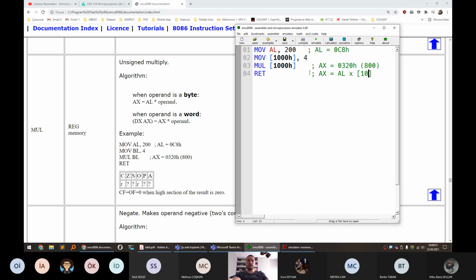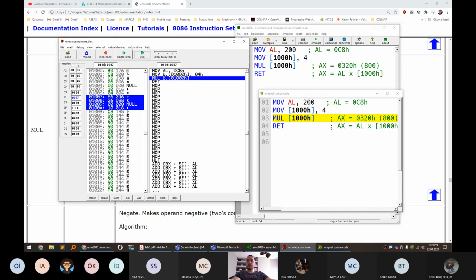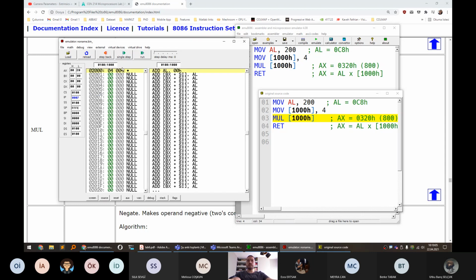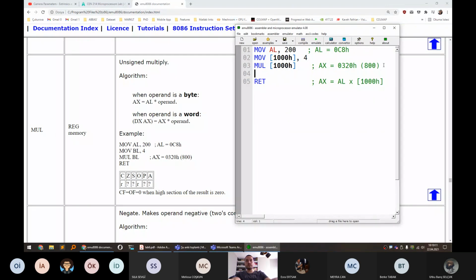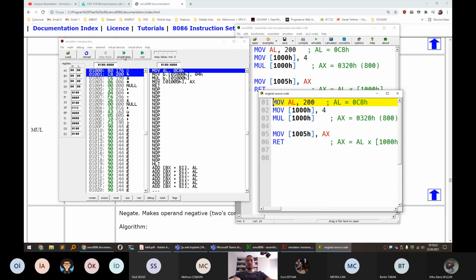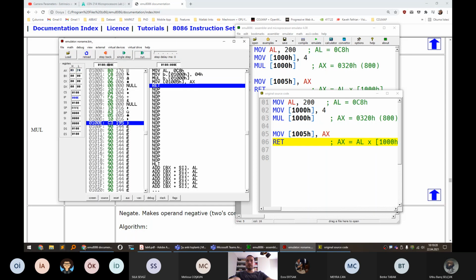This will be the 1000H address. Let me go over and look at the 1000H address. 4 is here. The result is in AX. Let's put the result in, for example, the 1005H address. The result is in AX. Okay, multiplication is done. The result is stored in 1005.